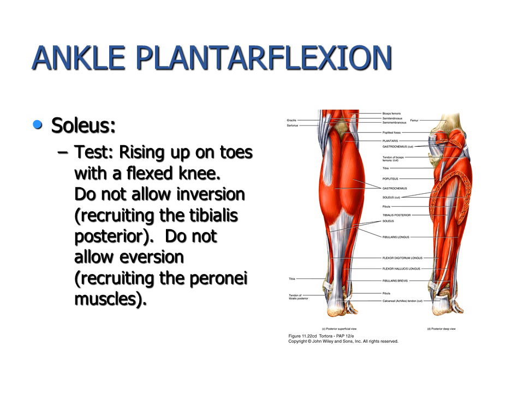So the soleus muscle is tested by having the examinee rise up on their toes with a flexed knee. Why is the knee flexed? Because with a flexed knee, the contribution from the gastrocnemius is minimized.